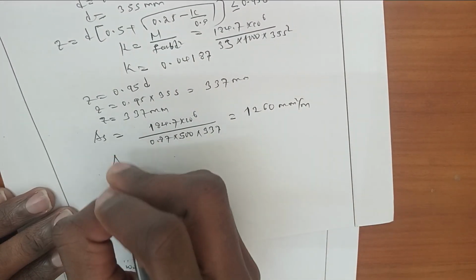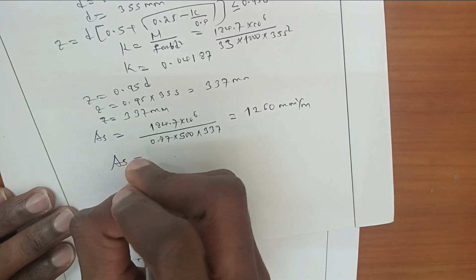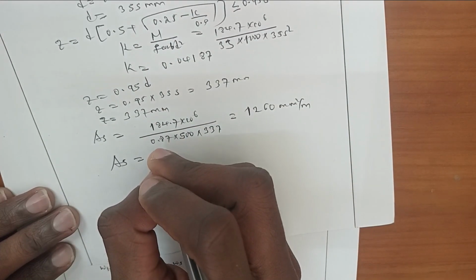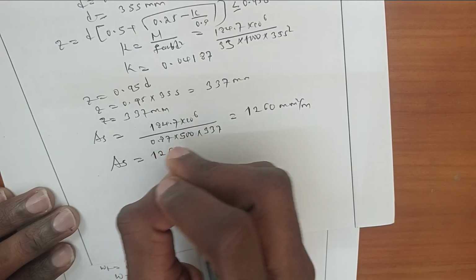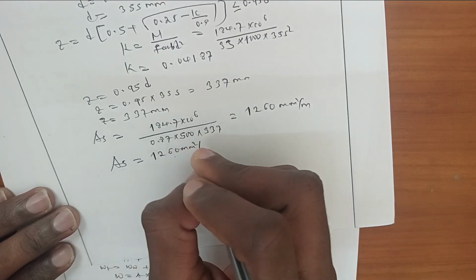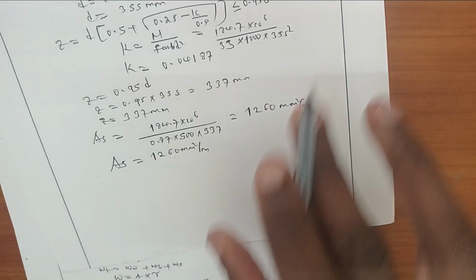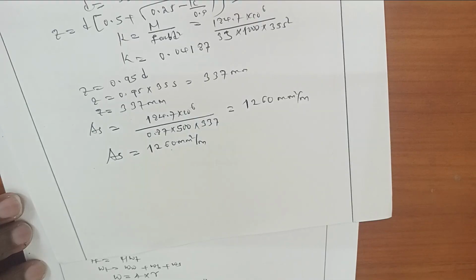Now, this is the area required for the stem, which is 1260 millimeter square per meter. Now, let's determine the bar diameter for this stem wall and its spacing.